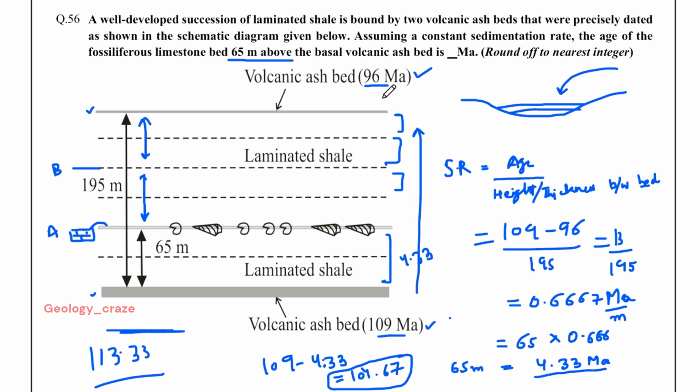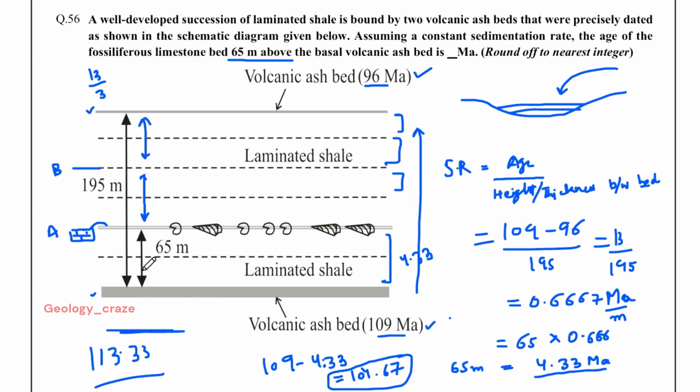We have to divide 13 by 3, since there are three layers of 65, 65, 65. Otherwise, for a single layer, that dotted one, we divide by that height.